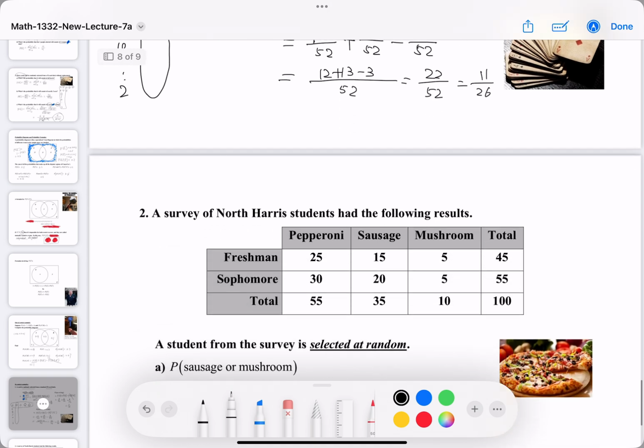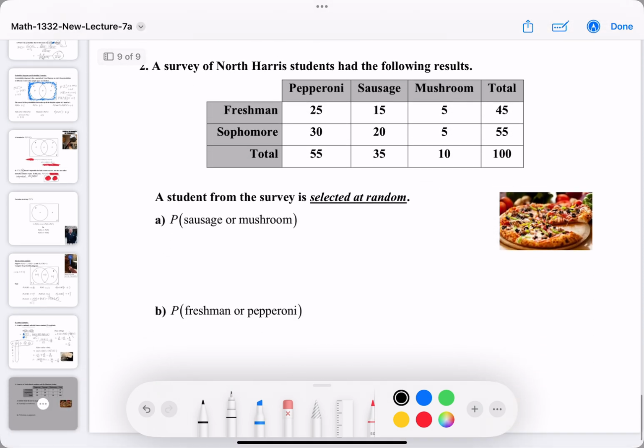All right, let's see next example. A survey of North Harris students. We had this table before, but you see these are all the numbers, sample numbers. They are event counts. They are not the probabilities. Probability must be 0 point something. A student from the survey is selected at random.